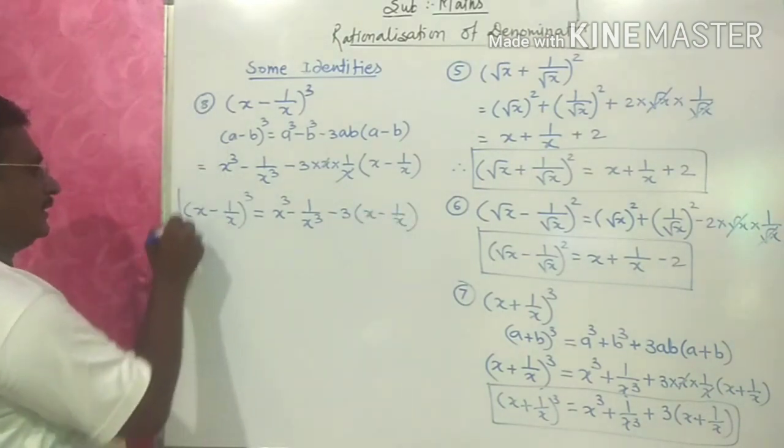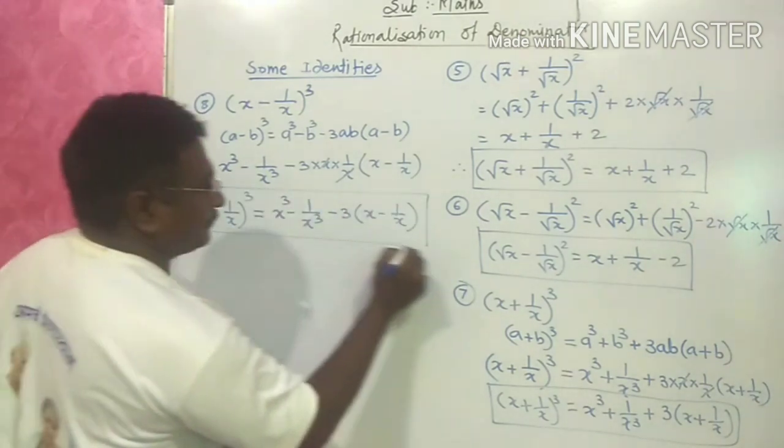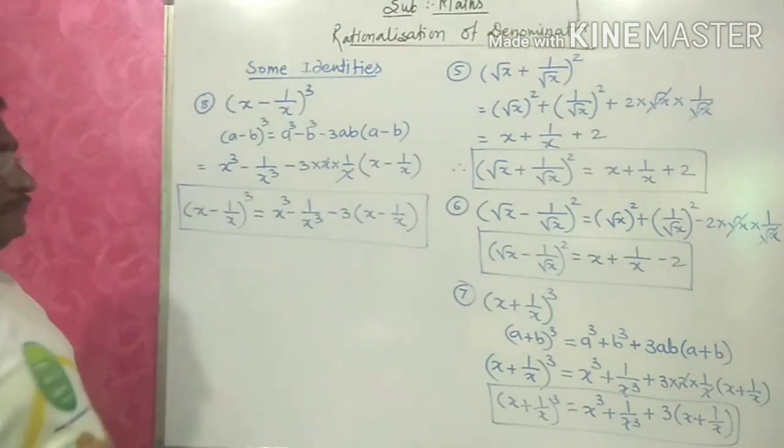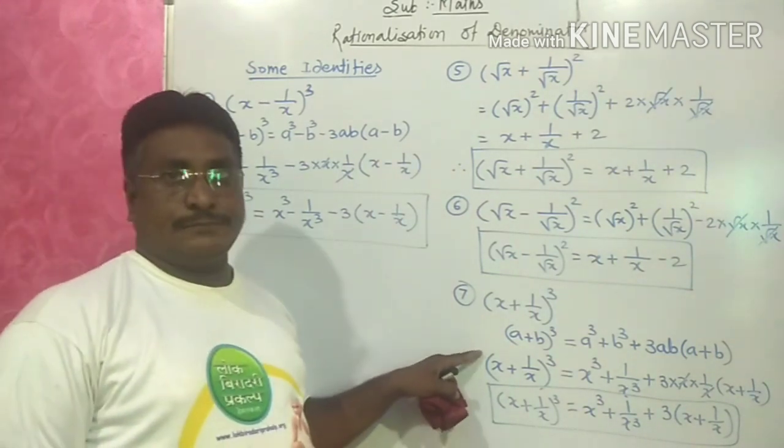This is the eighth identity. Understood? These are the cubic identities.